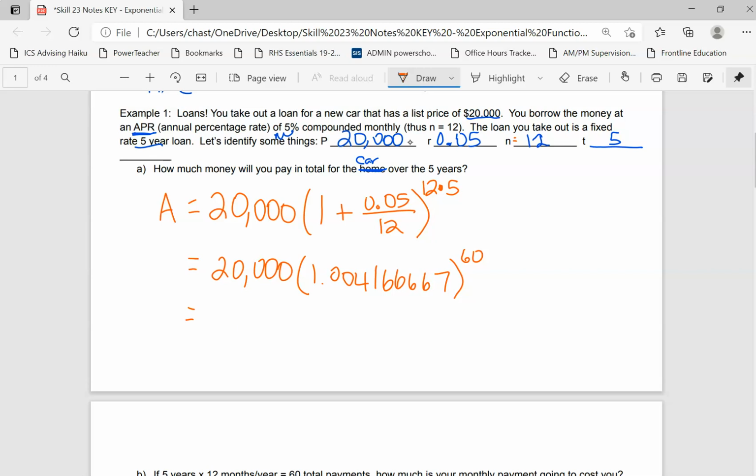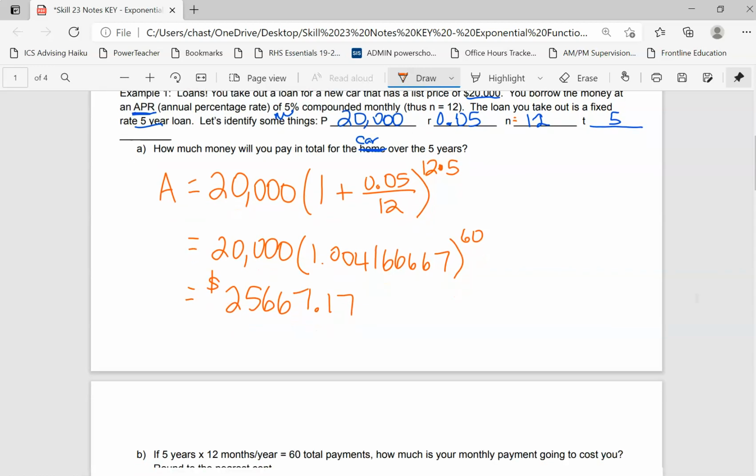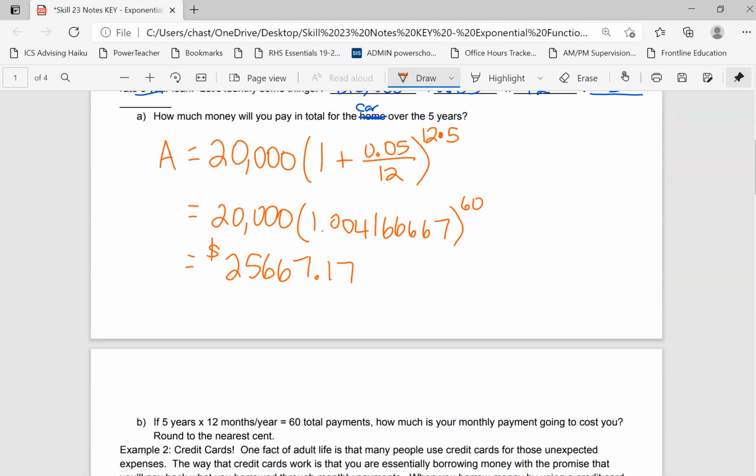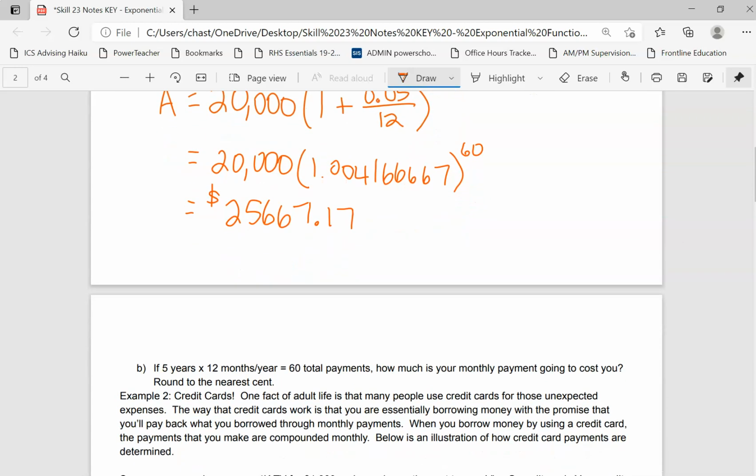I'm going to raise that to the 60th power and then multiply that by 20,000. That gives me 25,667.17 when rounded to the nearest cent. So that's how much I'll pay in total. The car itself was $20,000, so you're paying over $5,667 as interest.